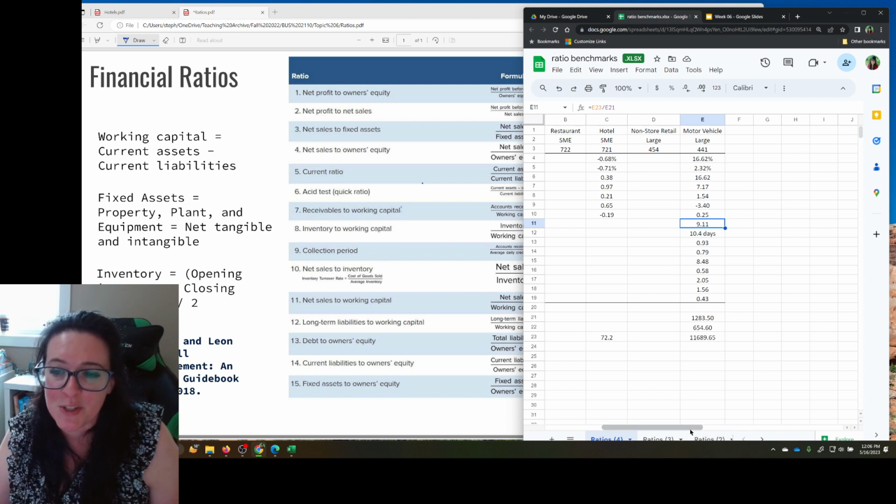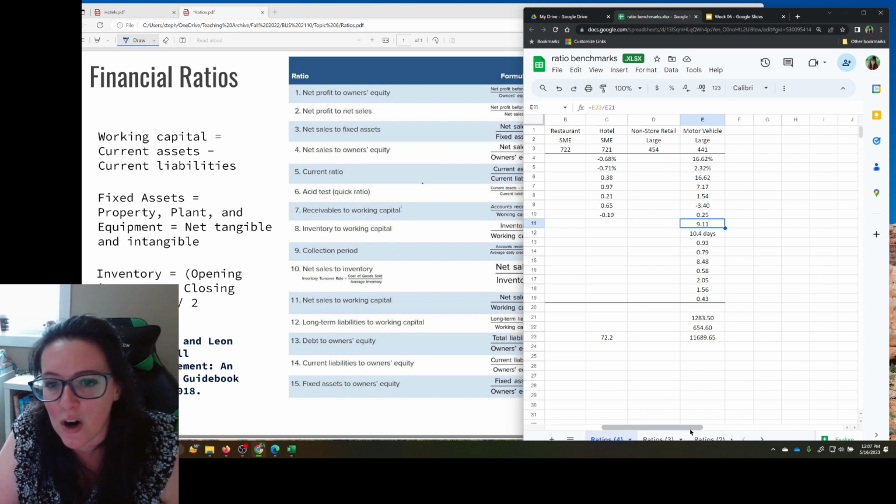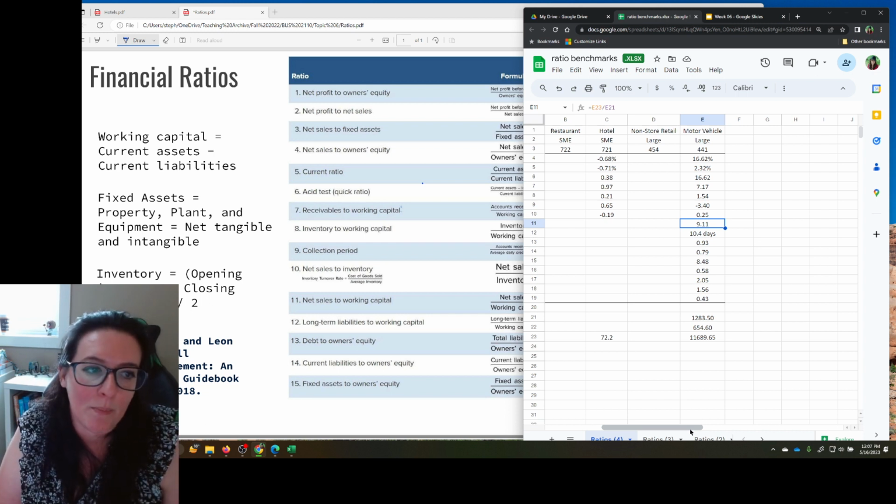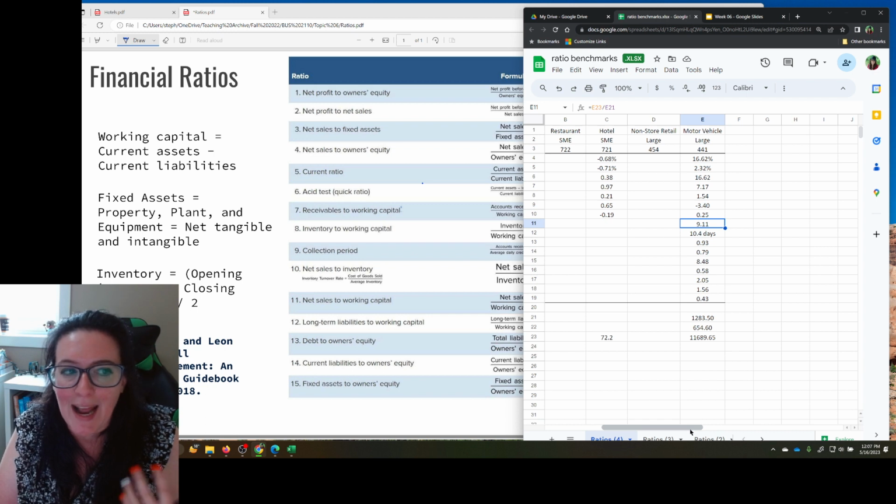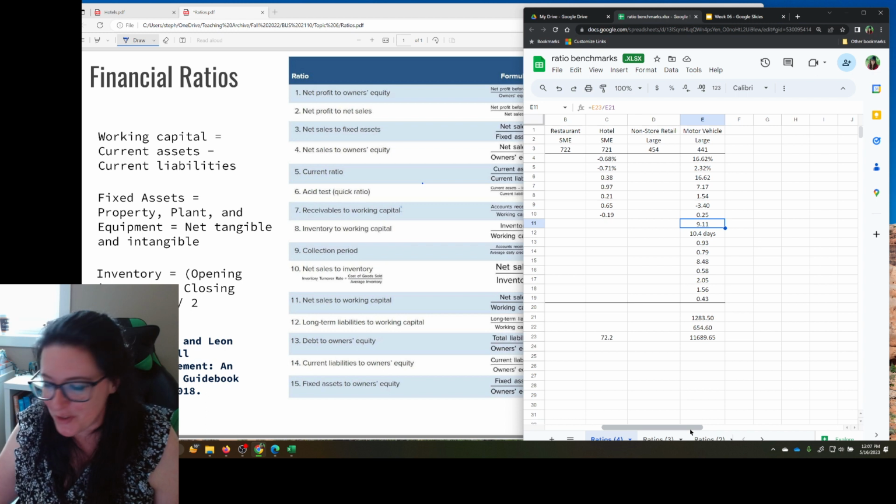Remember, if you have too much inventory, the problem is that it depreciates, it loses value. We have obsolescence. Nobody wants a car or a truck that was made 5 years ago to be sold as new. And so you have to really balance how much of your assets you're going to have tied up in inventory.